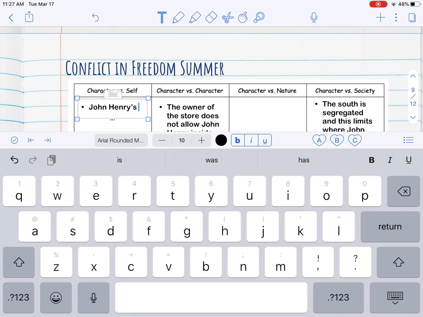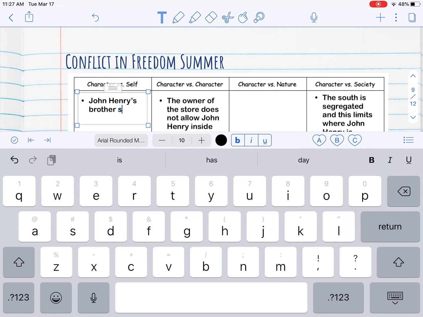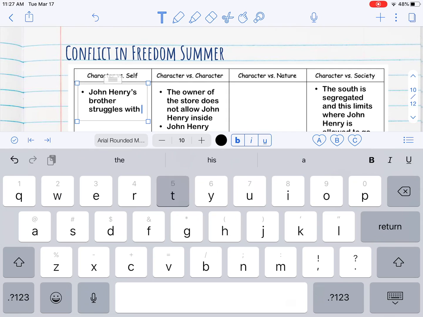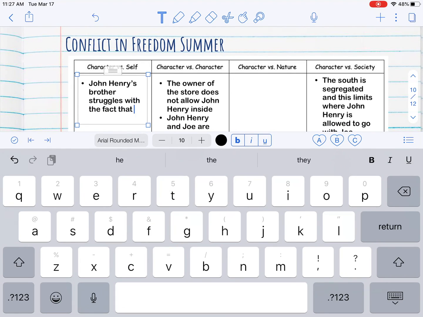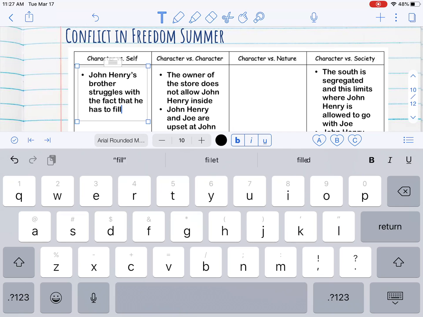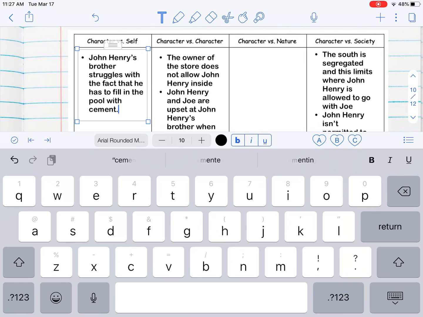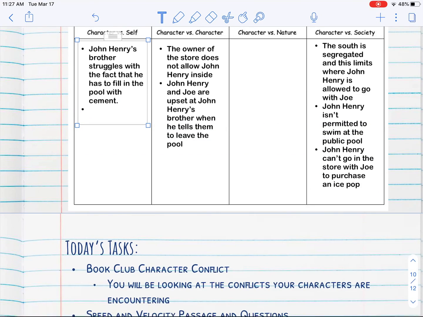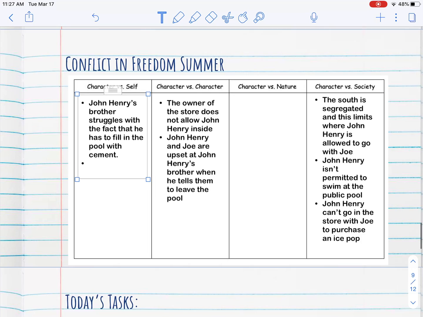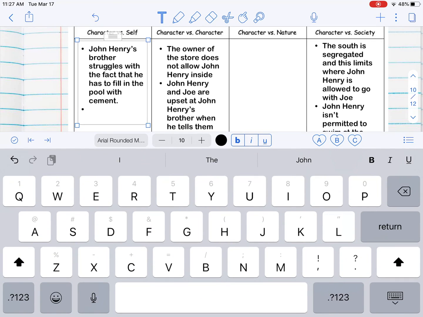John Henry's brother struggles with the fact that he has to fill in the pool with cement. He doesn't really want to do that, but it's his job. I'm sure as an older brother, he knows how excited John Henry was to go swimming in this pool for the first time, and it probably breaks his heart a little bit to be one of those people that has to fill in the cement and the concrete.